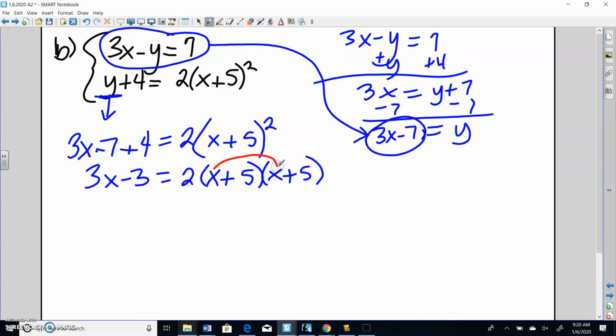We're going to take x times x, and that gives me x squared. Take x times 5, 5x. Then I'm going to take the insides, 5 times x is also 5x. And then 5 times 5 is 25.